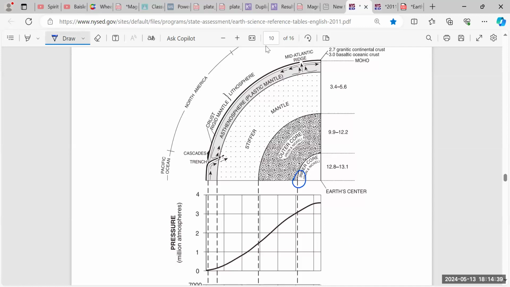And so I need to identify the pressure and the temperature. So right here, this is where the pressure is. And when I draw my line, it definitely looks to be a little over 3. It definitely looks like 3.1 or 3.2 million atmospheres.